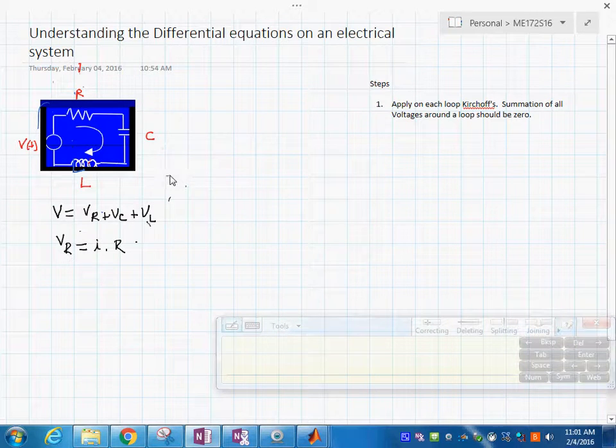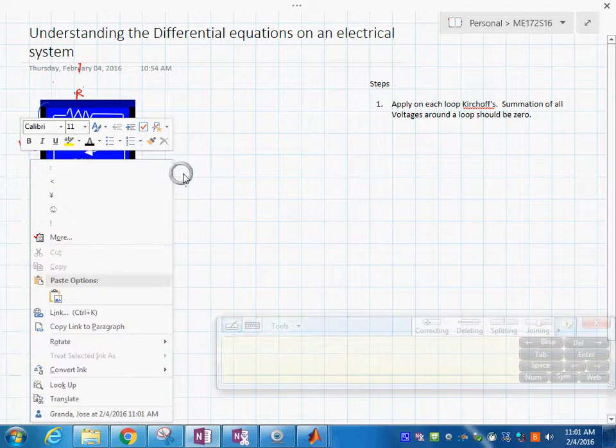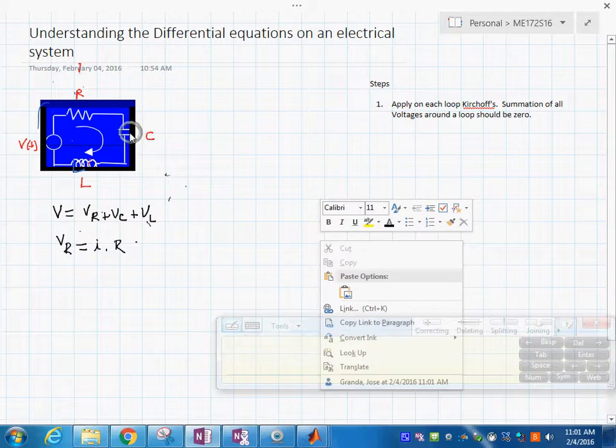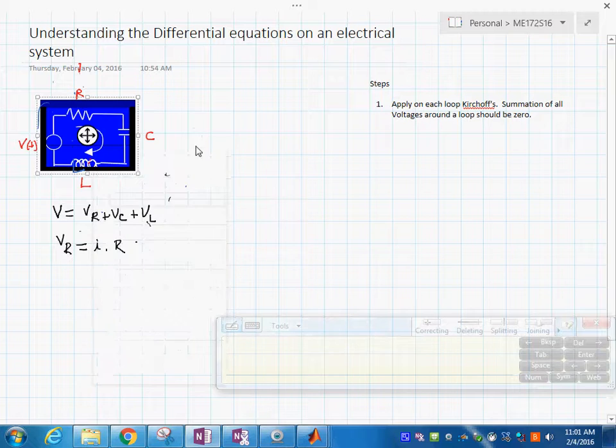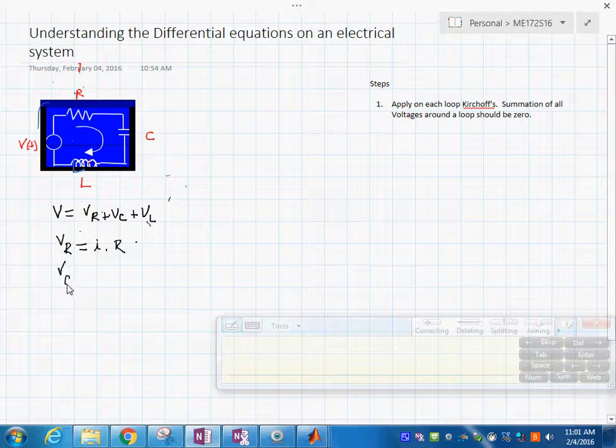Then the voltage of the capacitor is 1 over C times the integral of I dt.